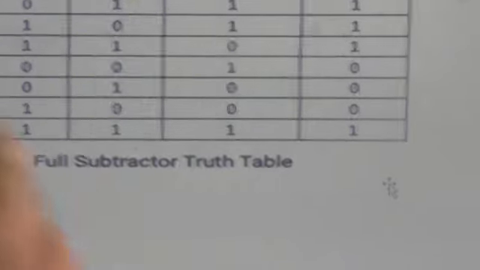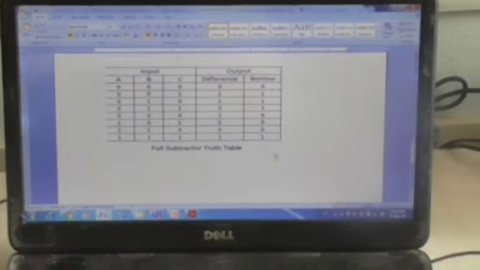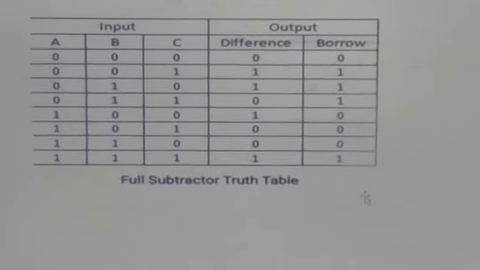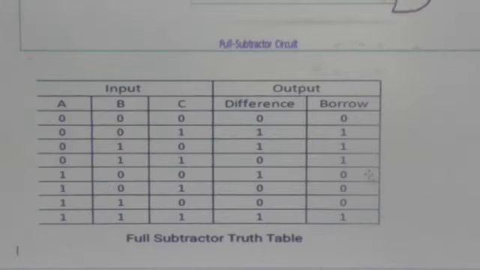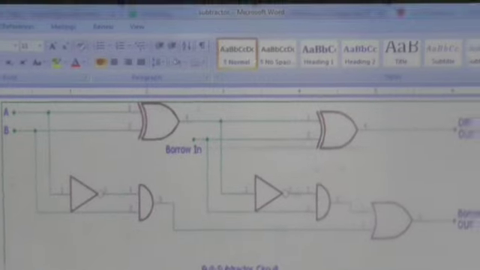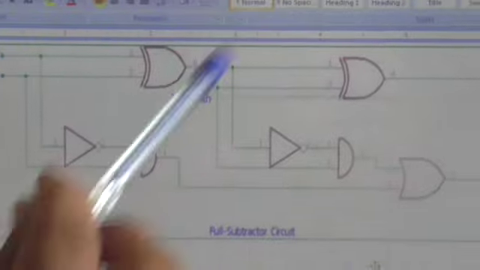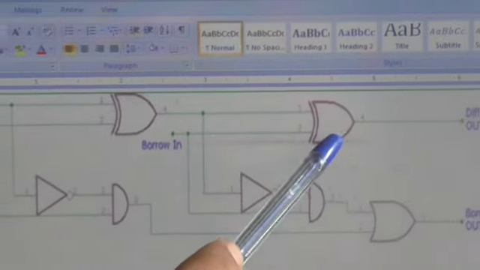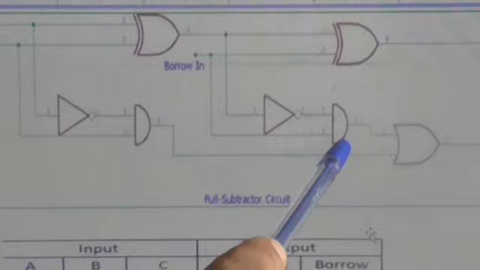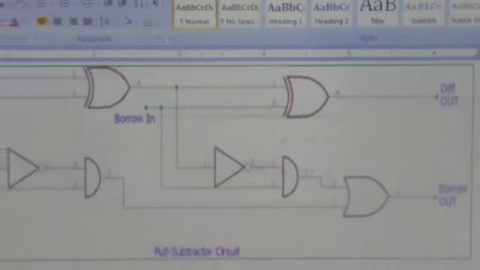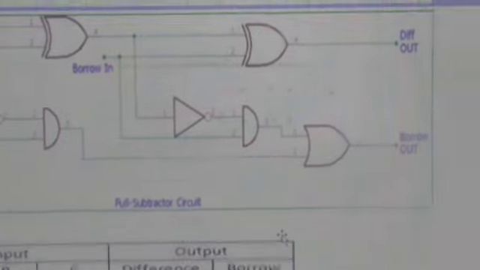Clear? This is the overall truth table of the 3-input full subtractor. If you see the logical diagram, we have the idea of how many gates are required. Two XOR gates, two AND gates, two NOT gates, and one OR gate are required. Clear?